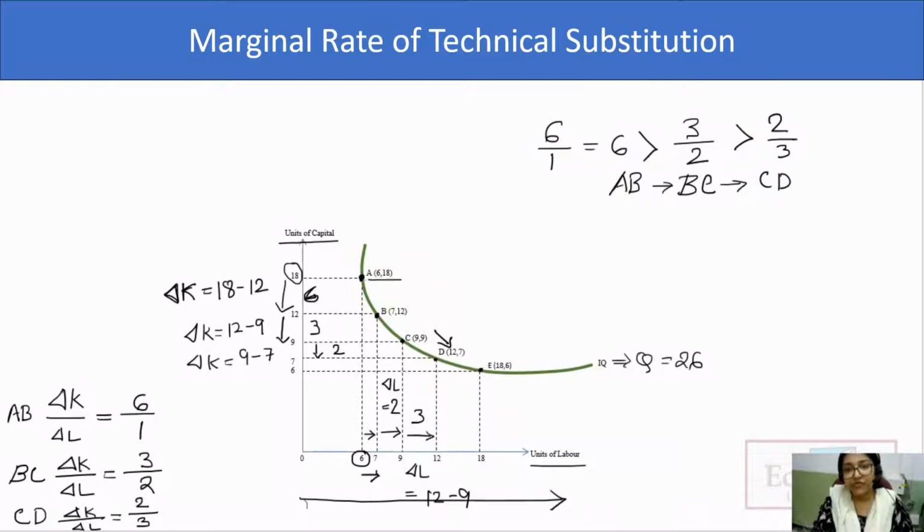The ratio between these two changes, the change in capital and the change in labor, we can also name as the marginal rate of technical substitution, or MRTS. MRTS means how much labor can be substituted for a decreasing amount of capital. So what is MRTS?